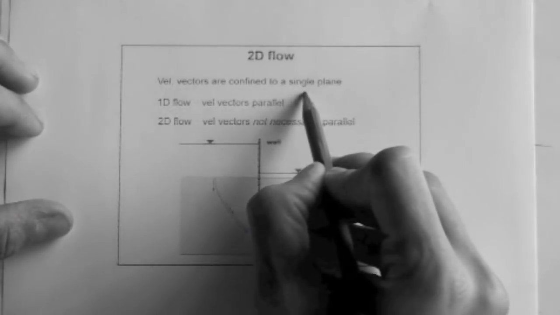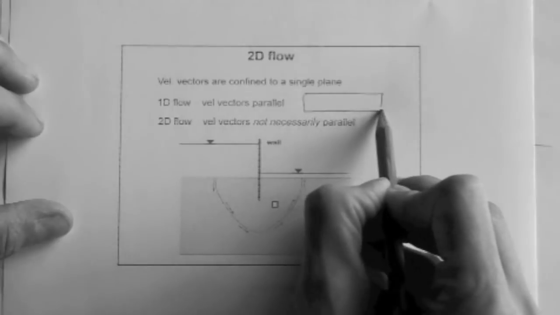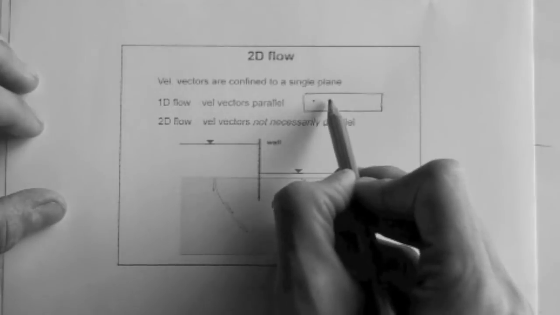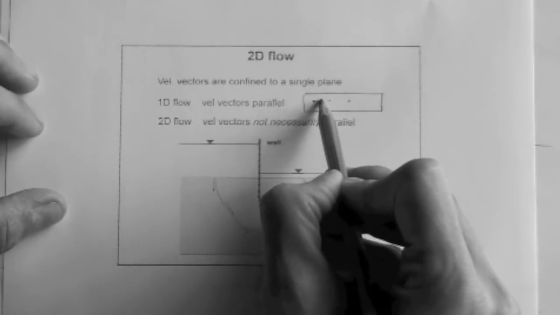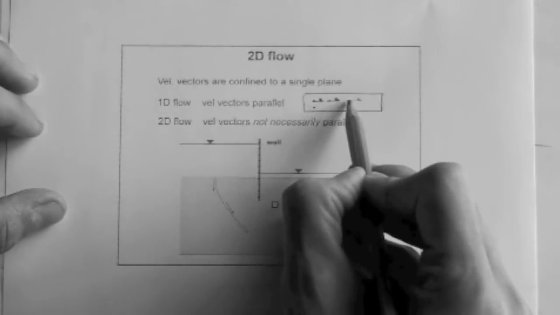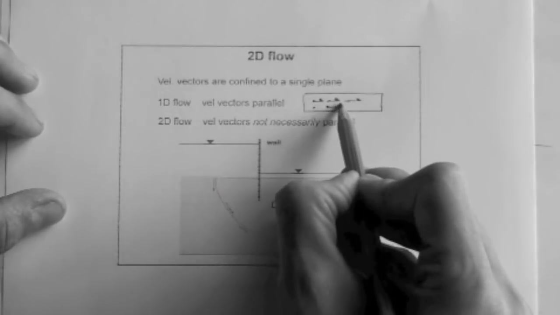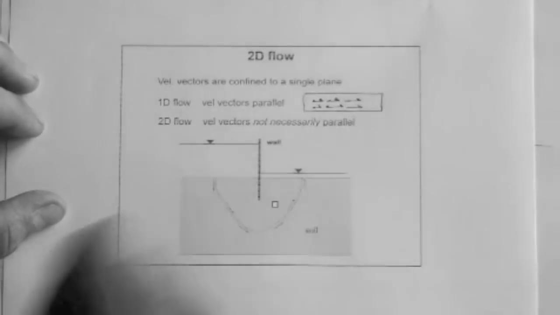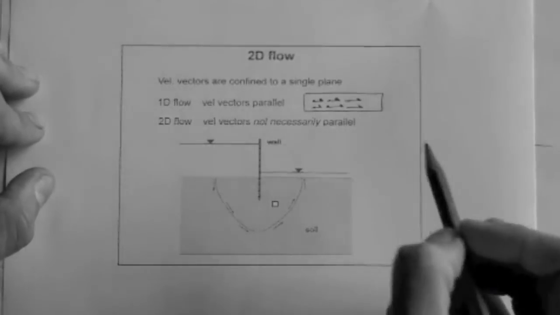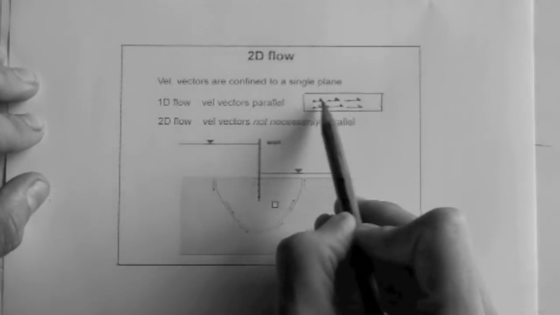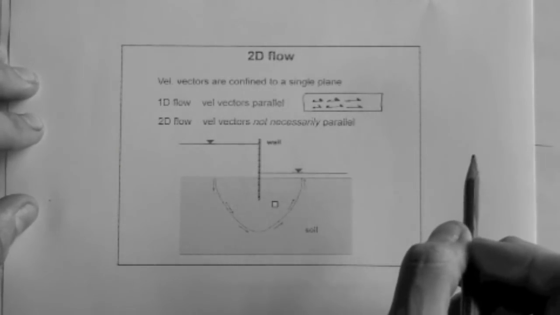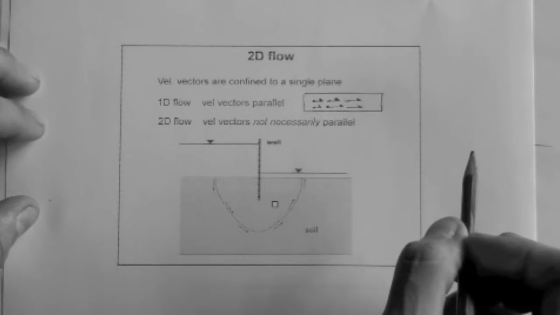So if we think of a cylinder of soil in the lab, subjected to a Darcy type experiment, if we were to find the velocity of the fluid at any point and describe it by a vector for each point, then we would draw parallel vectors, and in fact they would be essentially of the same size, because the flow velocity doesn't vary across the specimen, provided that the specimen is made up of just one soil, which is the case typically when we want to determine the hydraulic conductivity.